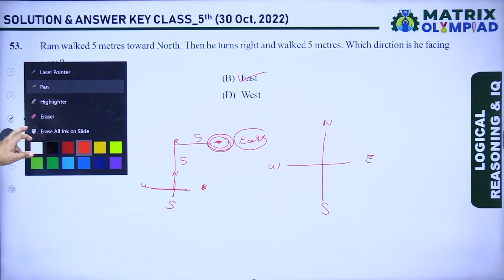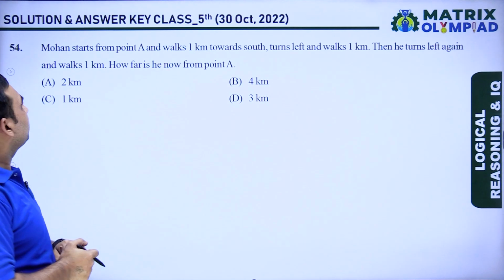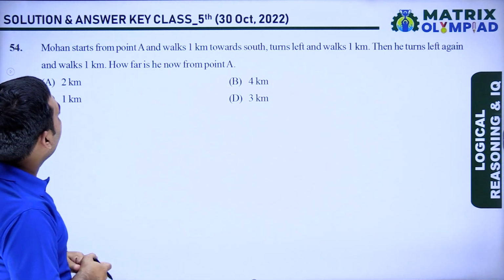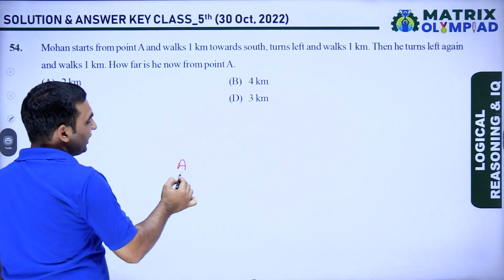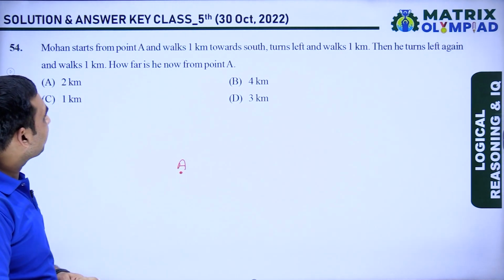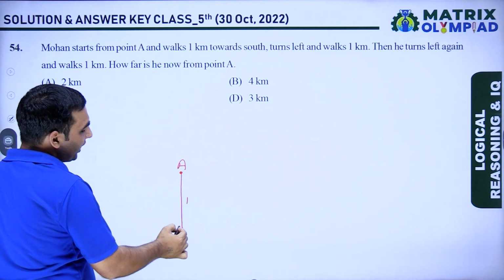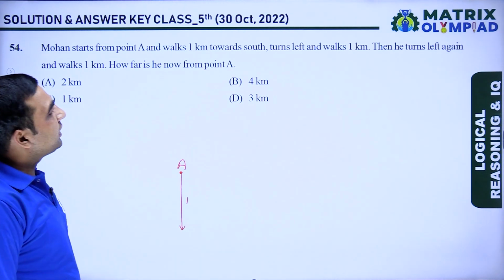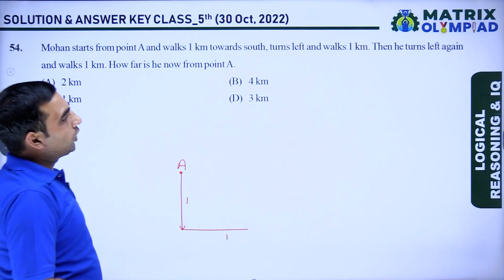Next question is question number 54. Mohan starts from point A and walks 1 kilometer towards south. Turns left and walks 1 kilometer.